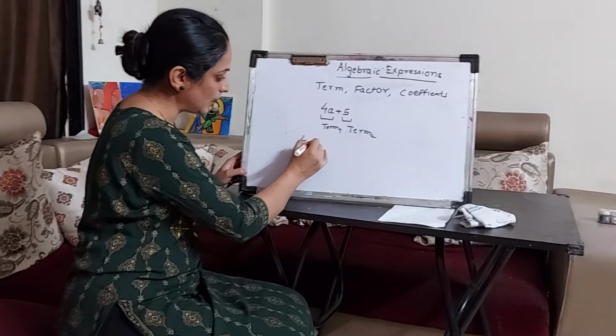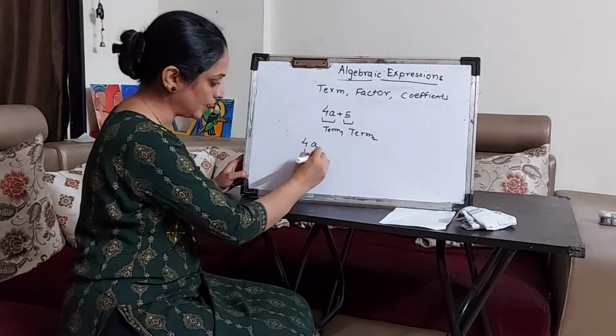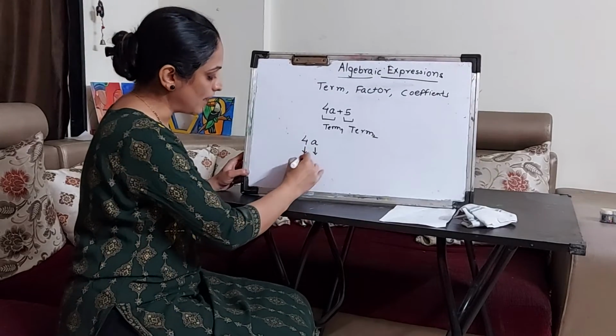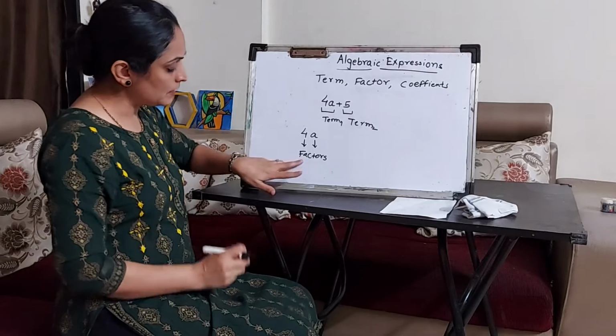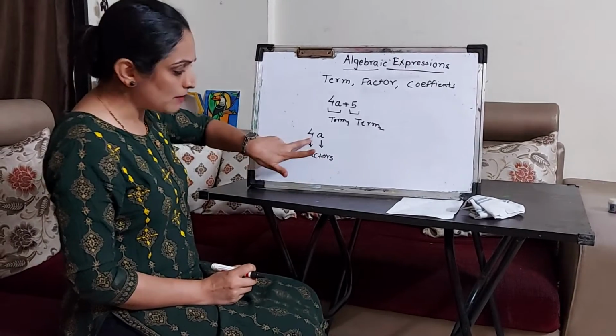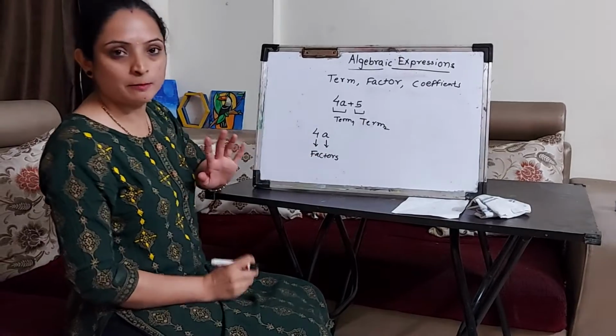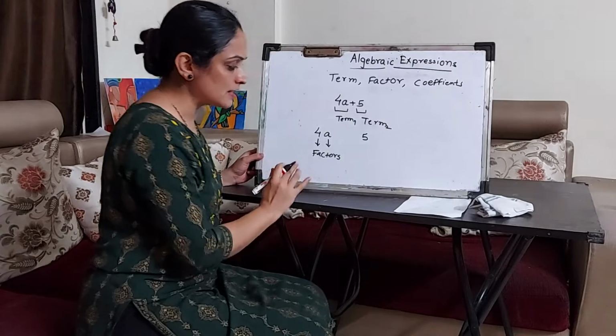Let's say 4a. Here if we see these 4 and a, these are the factors. That means how can we say factors? If we multiply factors, we get a term. In this case, in term 2, 5 is there.